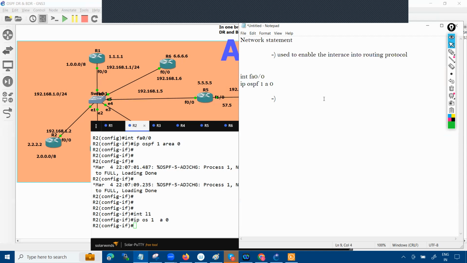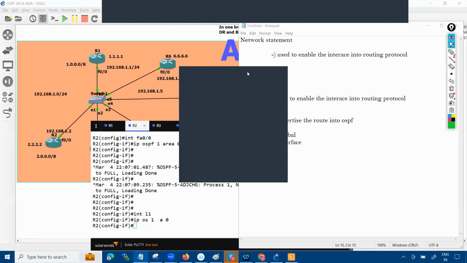So we have 2 ways to advertise the route in OSPF. One way is global mode, where you use the network statement. One is the interface mode, which is not available in EIGRP, which is available in the OSPF protocol. Is there any advantage?